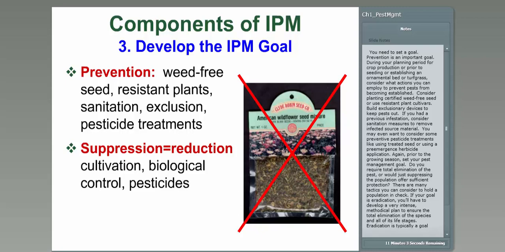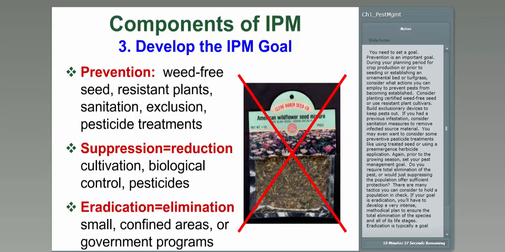If your goal is eradication, you'll have to develop a very intense, methodical plan to ensure the total elimination of the species and all of its life stages. Eradication is typically a goal when you have a very small, contained pest population, or when the government is managing the program and they can employ wide-scale control activities on properties of private citizens.